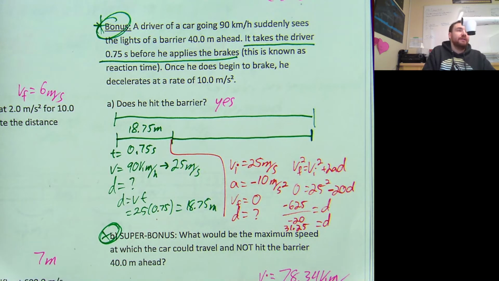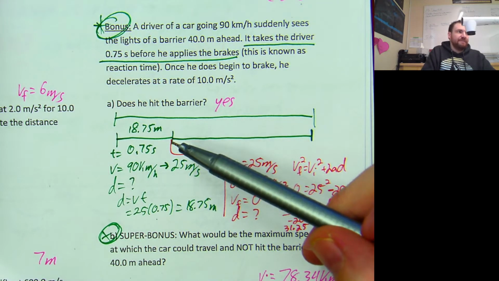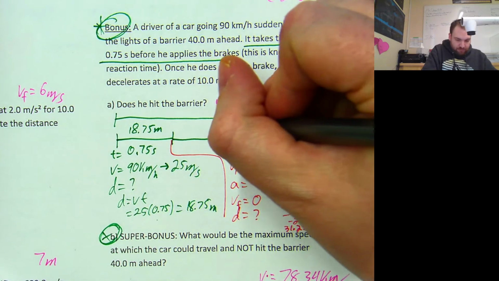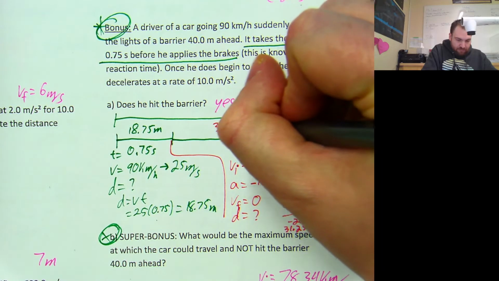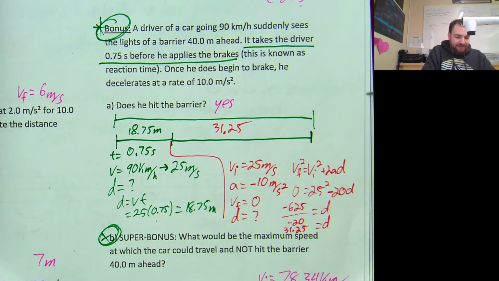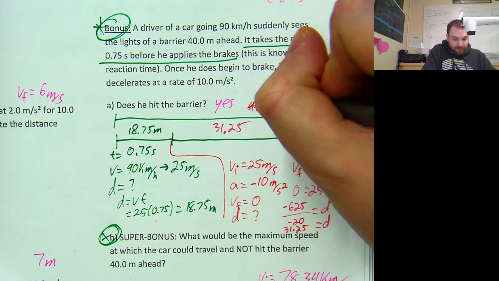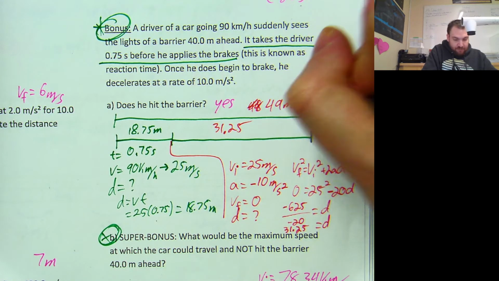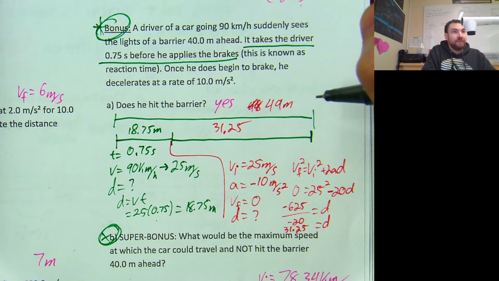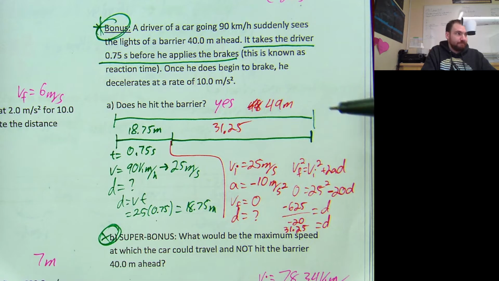Which looks good, except he's already gone 18.75 meters. So my total stopping distance under ideal conditions for this guy is going to be 49 meters. Does he stop before the barrier? No. Sorry? Look away. Or, don't.